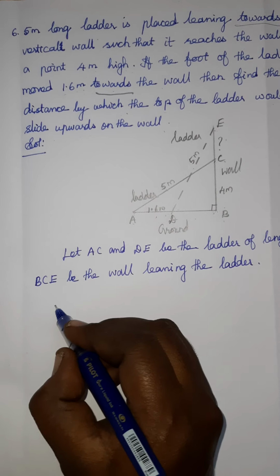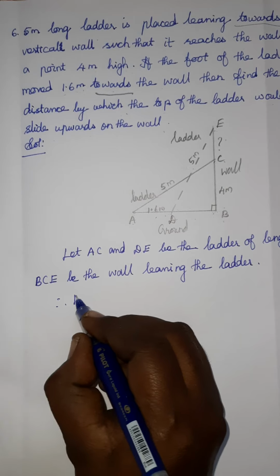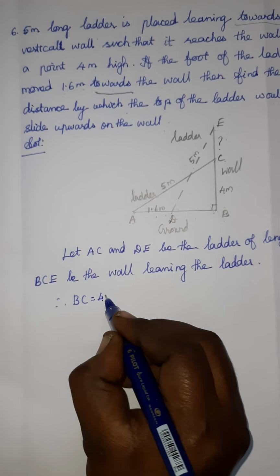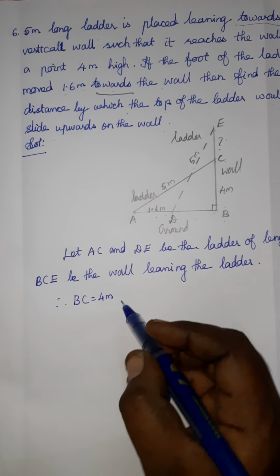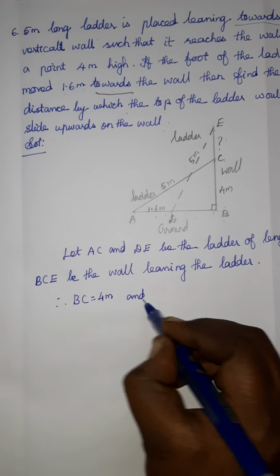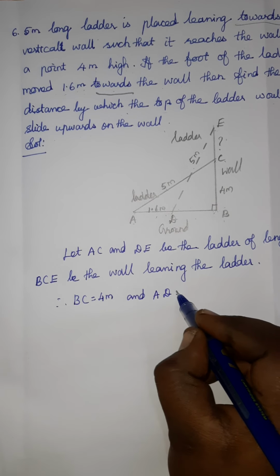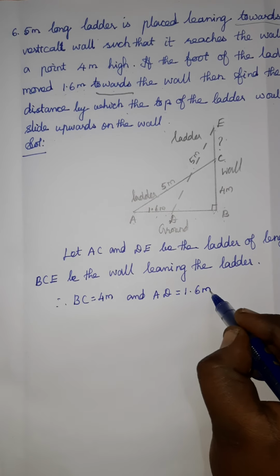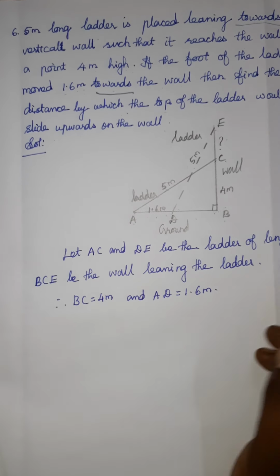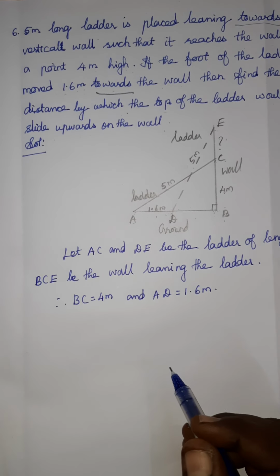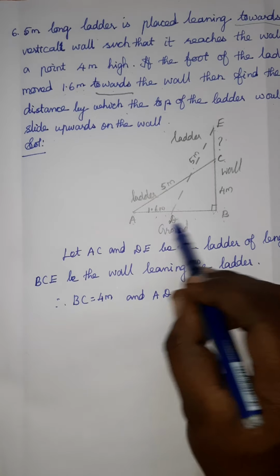Therefore BC is equal to 4 meter and AD is equal to 1.6 meter. So we written the three given measures. Now we can find out this AB length.